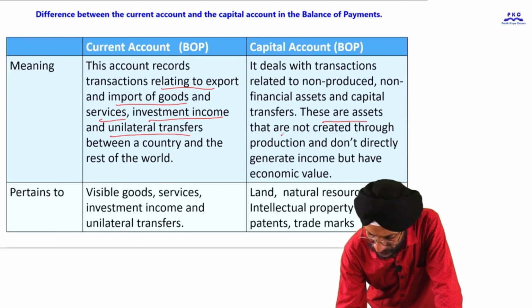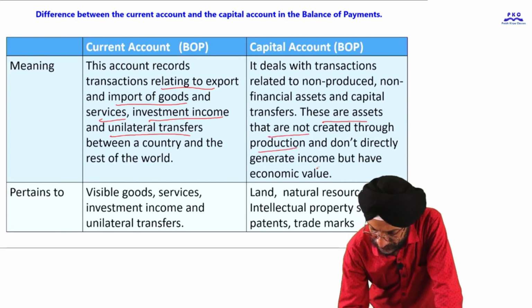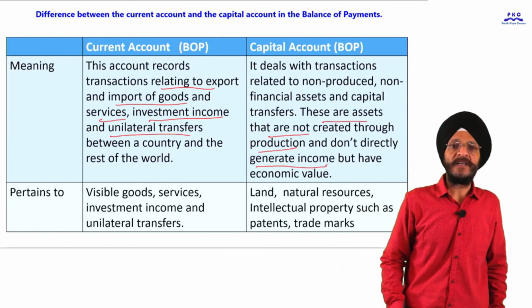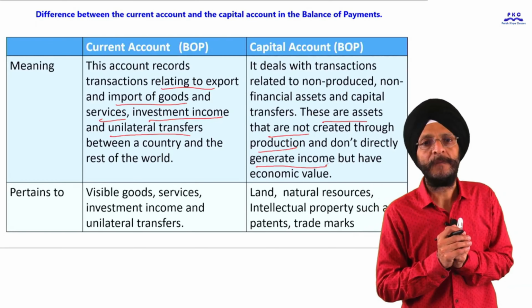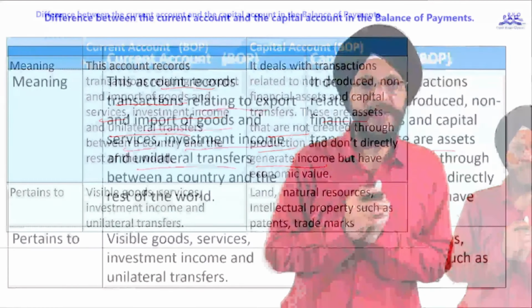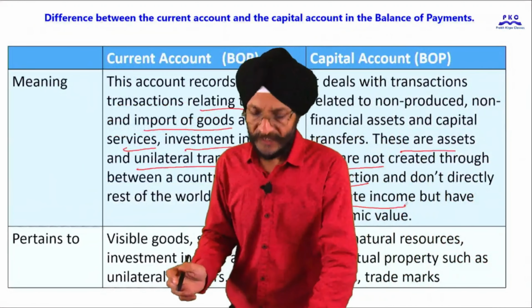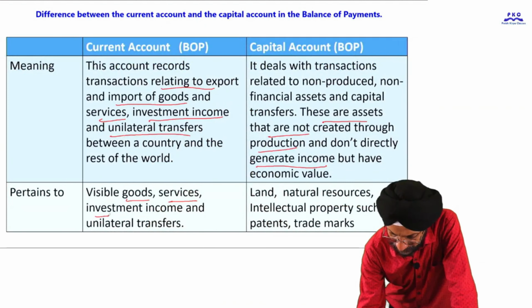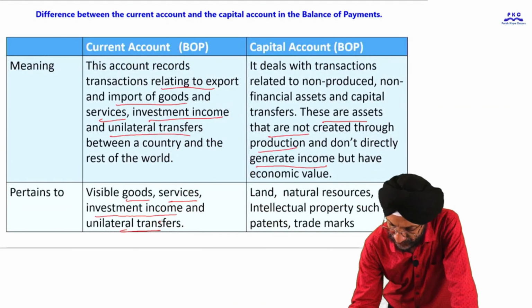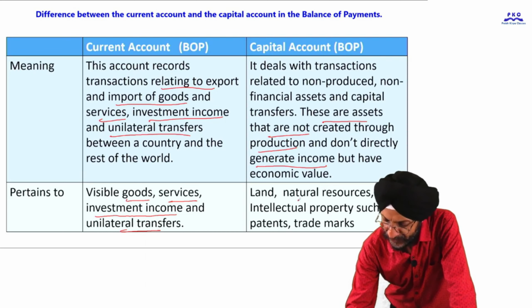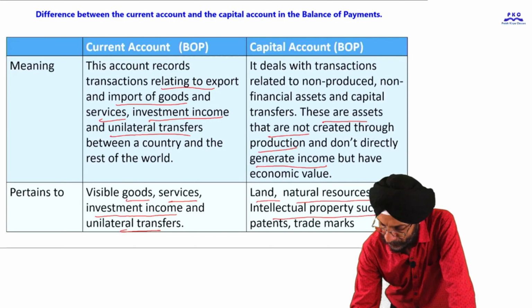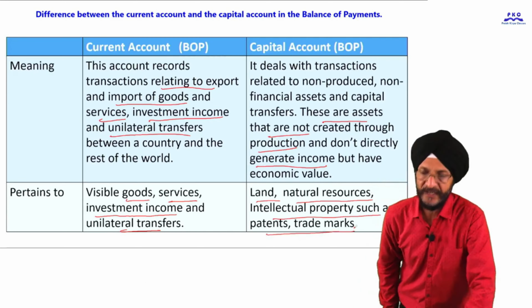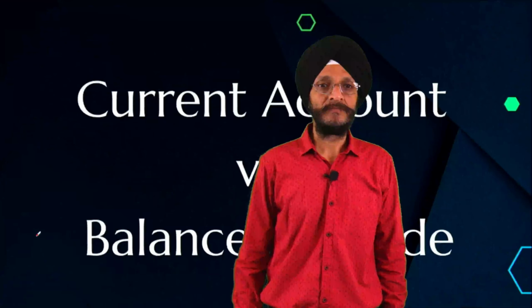These assets are not created through production, and these assets do not directly generate income but have economic value. Current account pertains to goods, services, investment income and unilateral transfers, and capital account pertains to land, natural resources, and intellectual property such as patents, trademarks, etc.